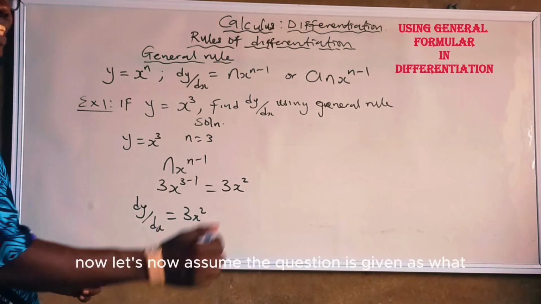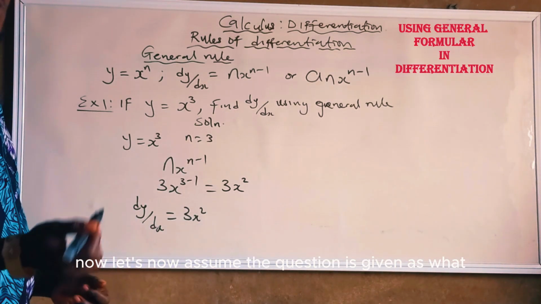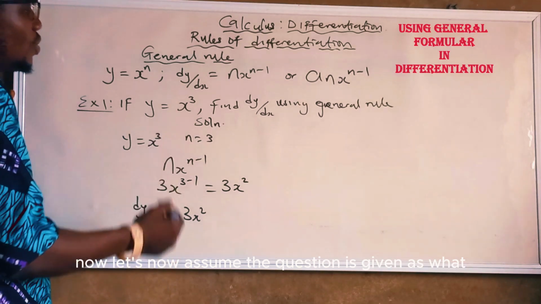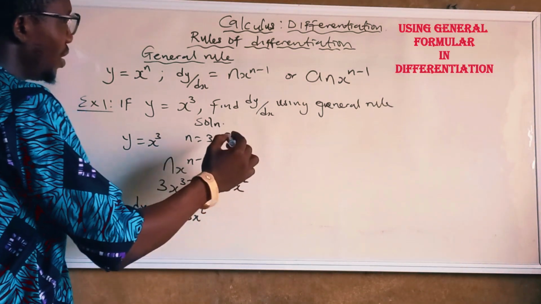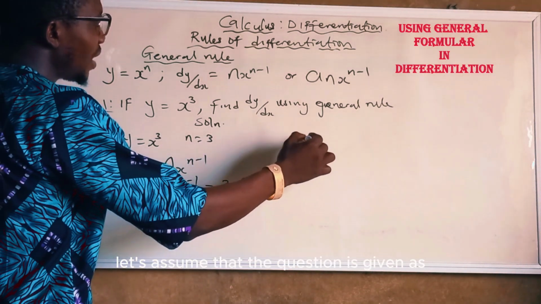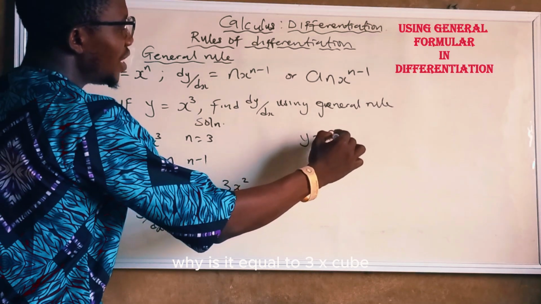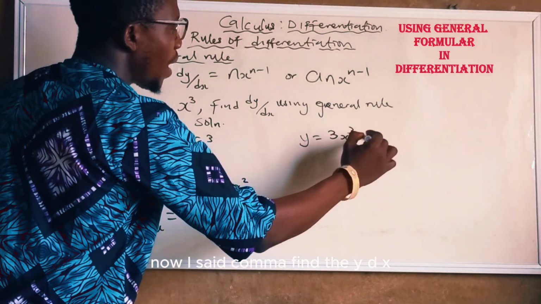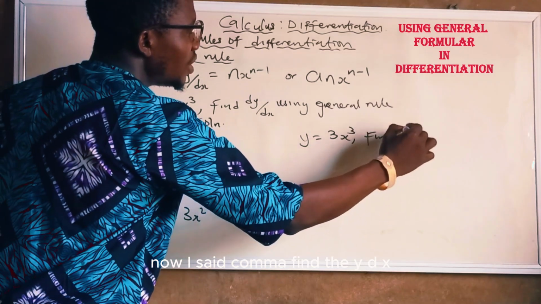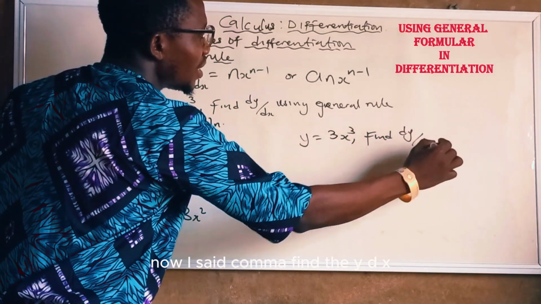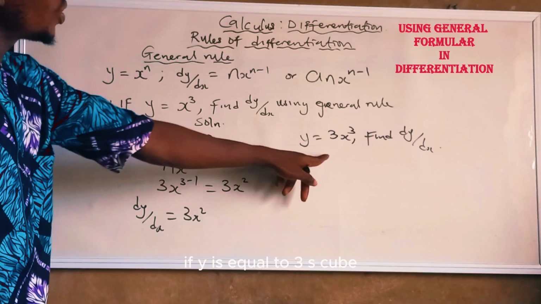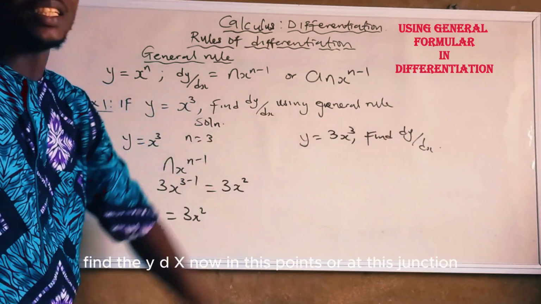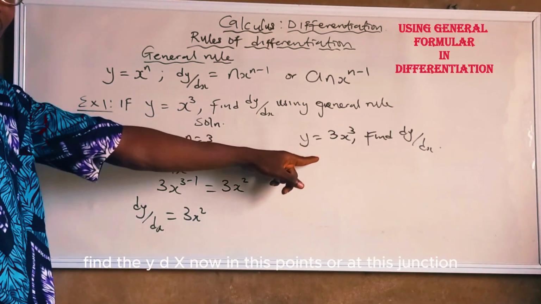Now, let's assume the question is given as y is equal to 3x cubed, find dy/dx.